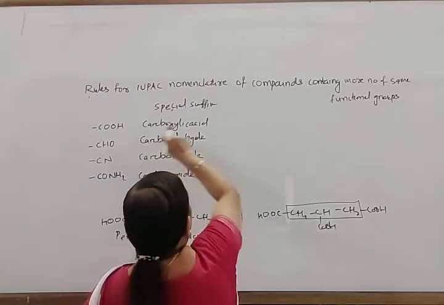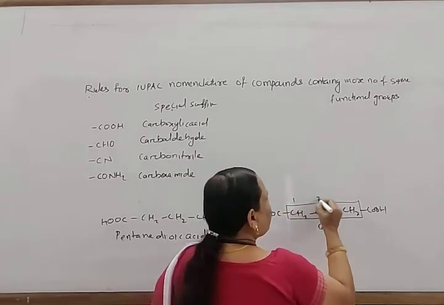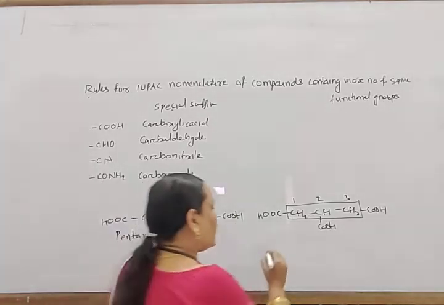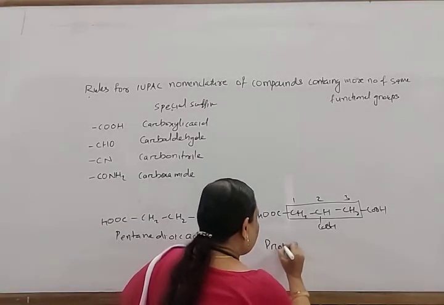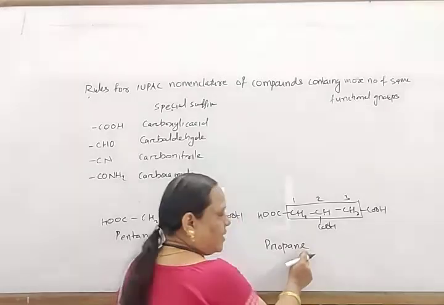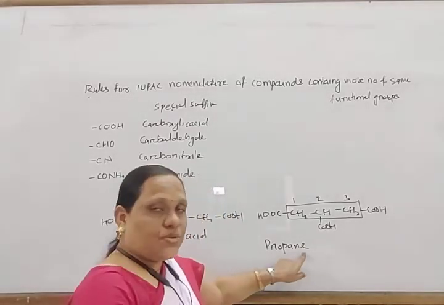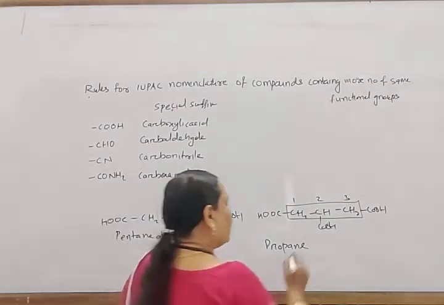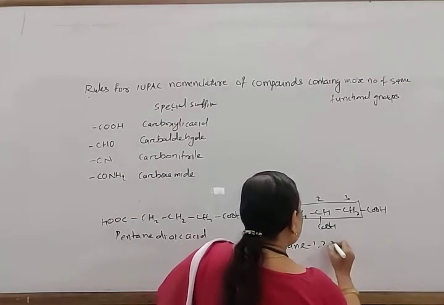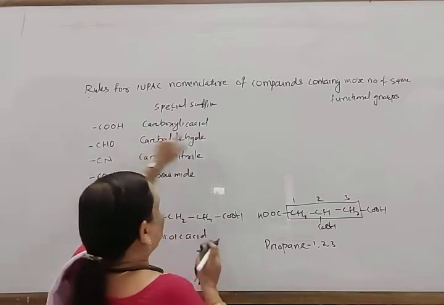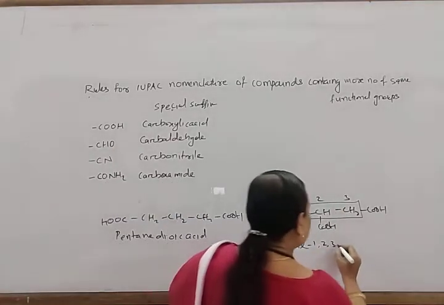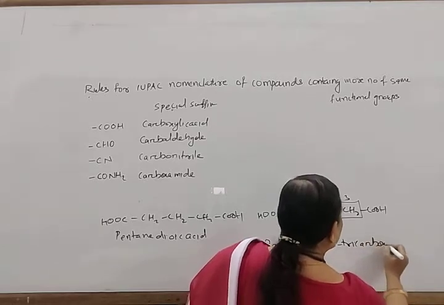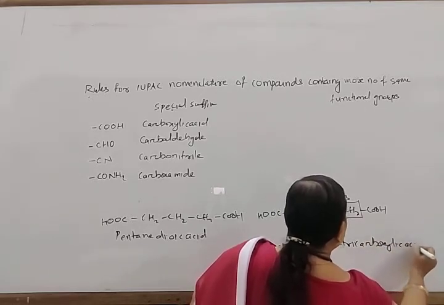Okay, that is, the special suffix is used. So 1, 2, 3, and the name of this compound is propane. Complete, you have to write propane. No E should be dropped here. E should be written here. Propane. Then 1, 2, 3, and special naming carboxylic acid, and 3 groups are present, so tricarboxylic acid.